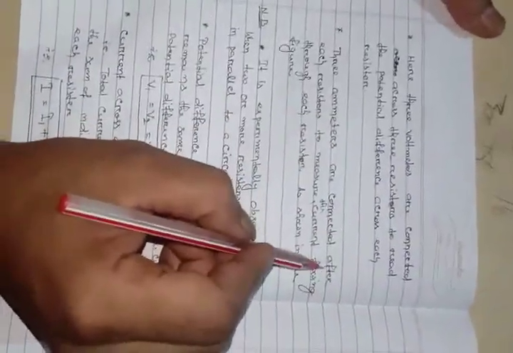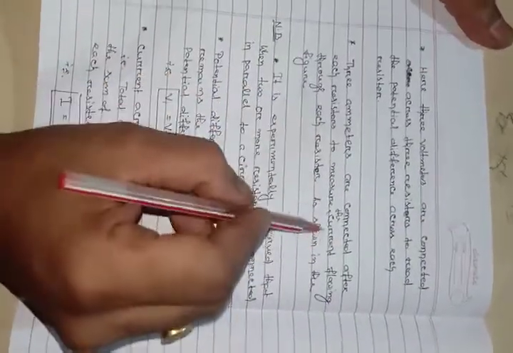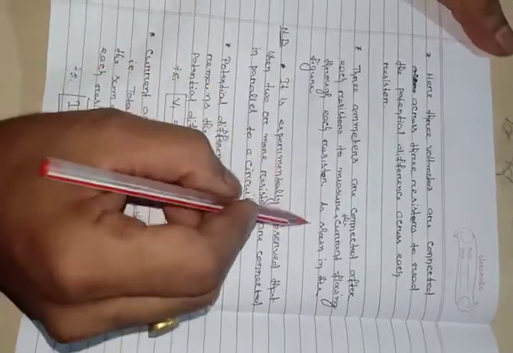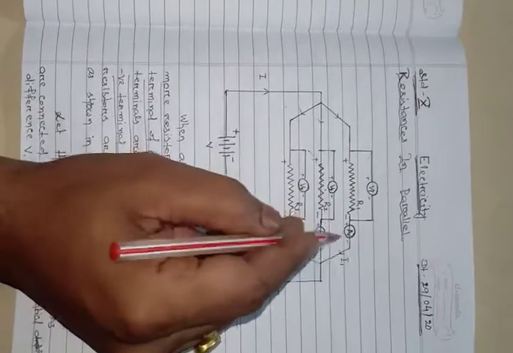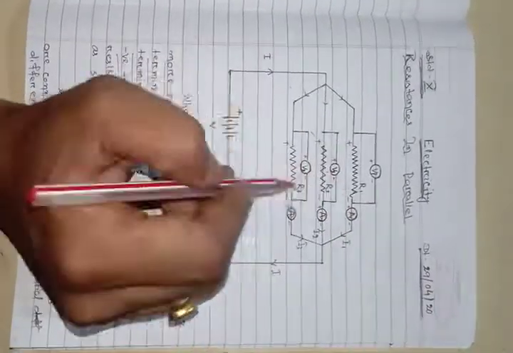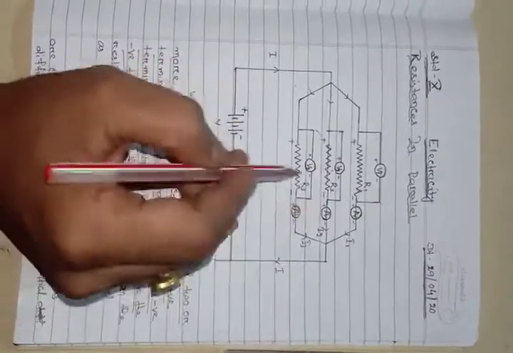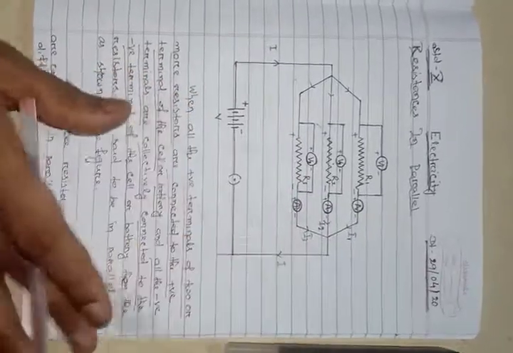Here 3 ammeters are connected after each resistor to measure the current flowing through each resistor as shown in the figure. These ammeters read the current flowing through R1, R2 and R3.